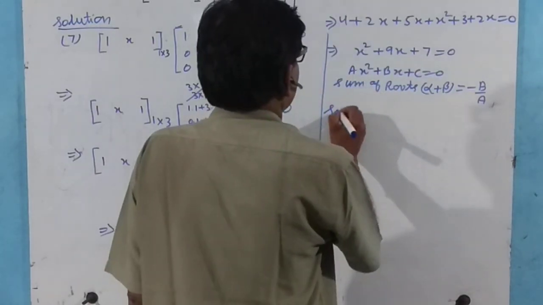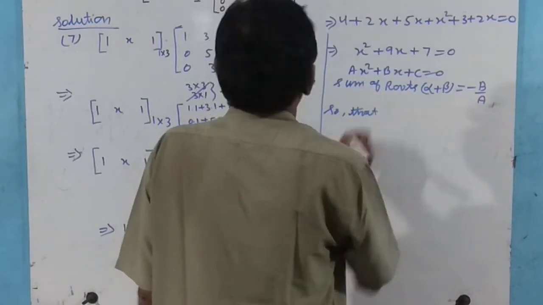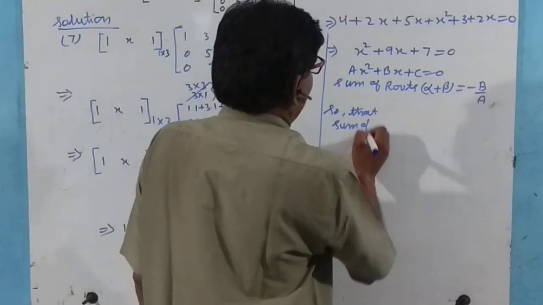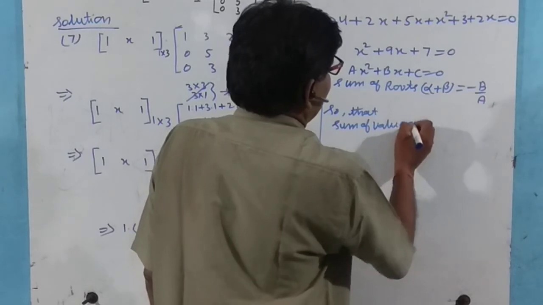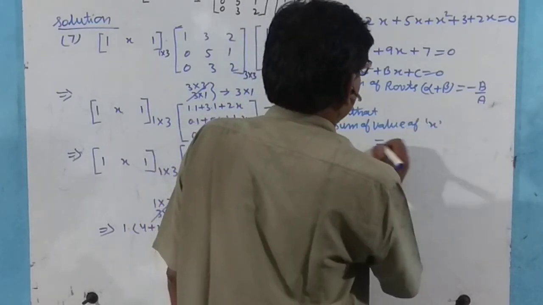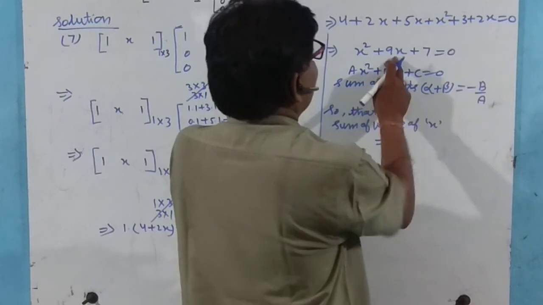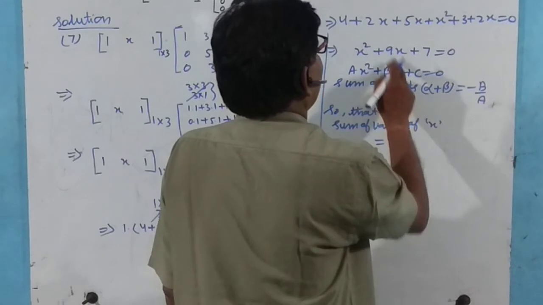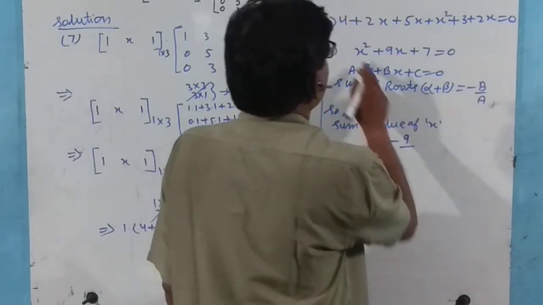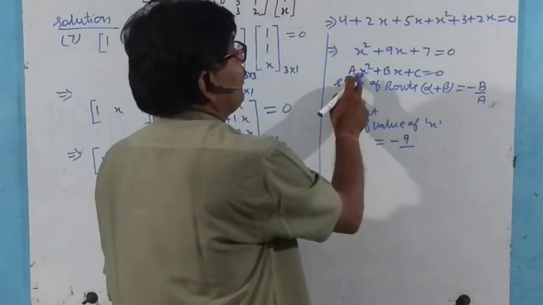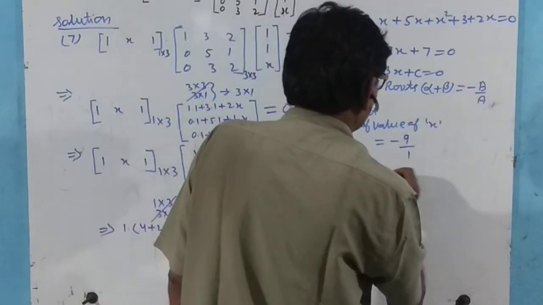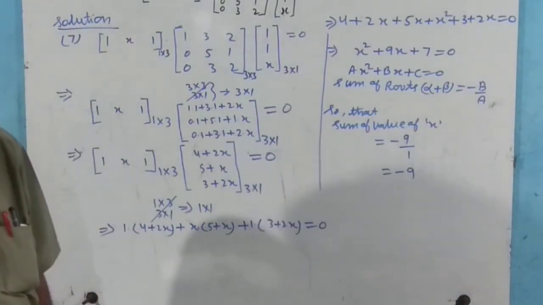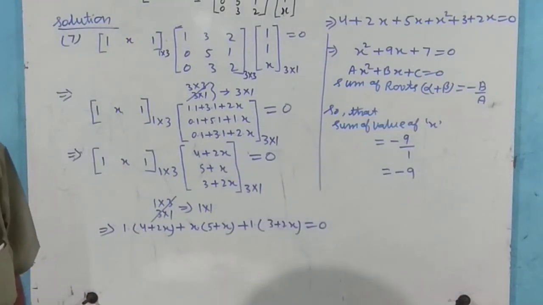So the sum of values of x equals minus 9 by a, where a is the coefficient of x square, here 1, so this is equal to minus 9. This is the answer here.